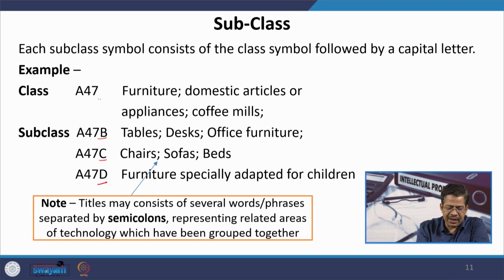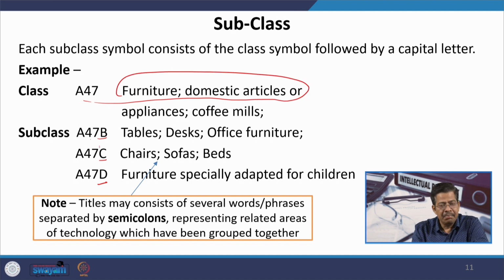We already discussed that A47 is furniture and domestic articles, B, C, D, and as we just saw we have a case of A47H also. So, there must be E, F, G also. Now, B means tables, desks, office furniture, C means chairs, sofas, beds, D means furniture specially adapted for children, etc. So, all these are different types of subclasses to which this patent belongs.